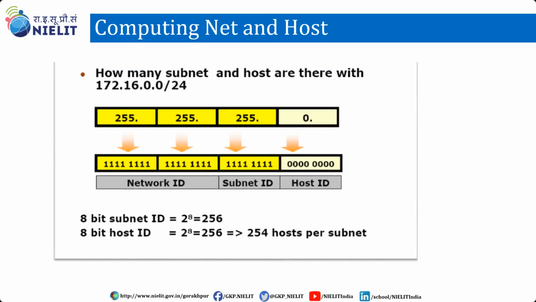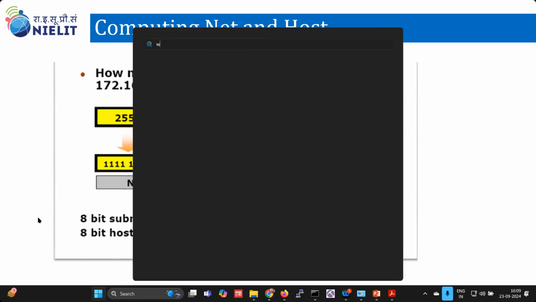In this example, a subnet mask value is given, and on the basis of that we have to calculate how many subnets will be created and how many hosts will be created. 254 is nothing. One minute, I am opening the whiteboard.